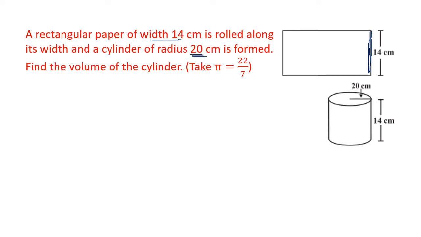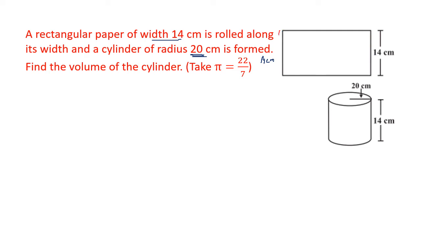Have you understood the sum? You can see this rectangular paper has got two edges. This is one edge and this is the other edge. Both are 14 centimeter only. So we have got edge 1 and edge 2.